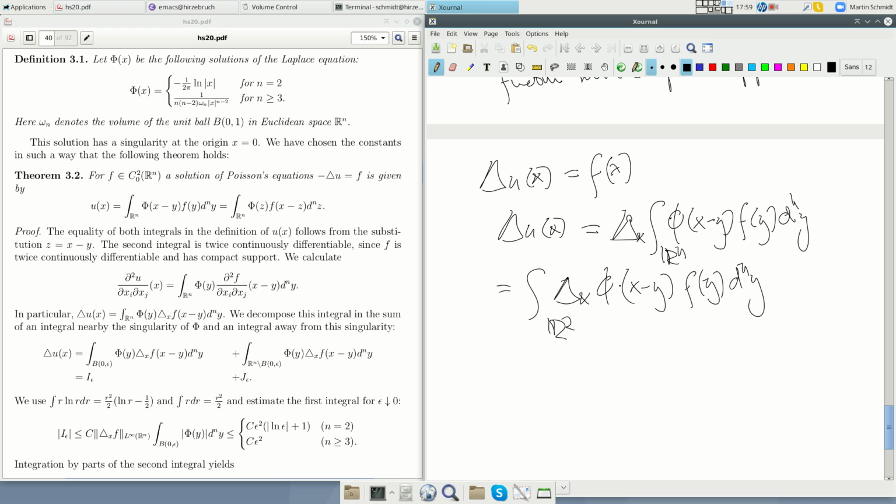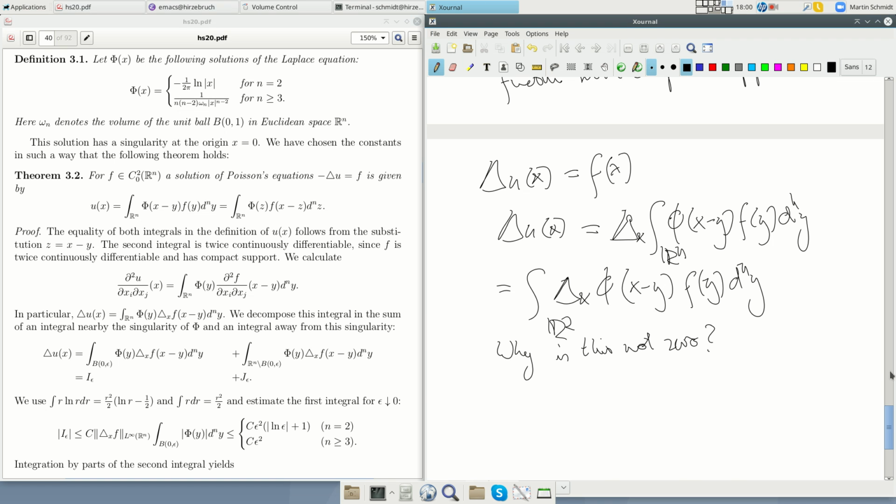Now this is harmonic. We determined that phi is harmonic, so this should be 0. Why is this not 0? What is the reason that this is not 0?